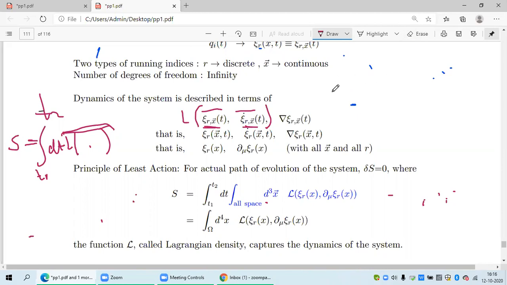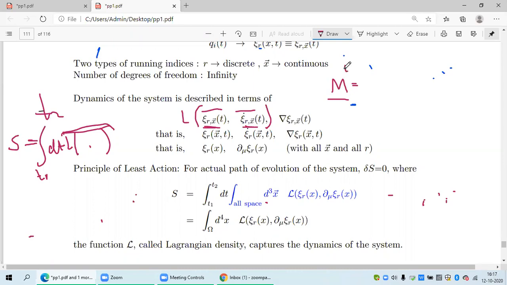Suppose, just an analogy I give, I want to find the mass of a system, a large body, a bulk volume. You can measure the mass of that bulk volume at a particular time.